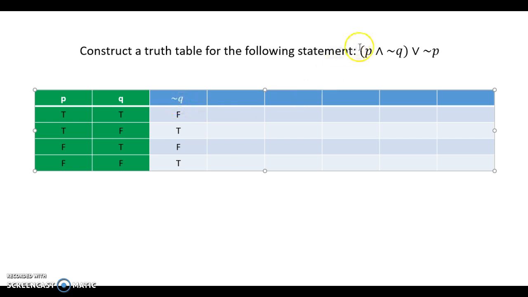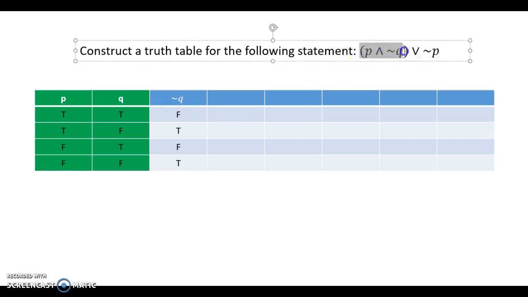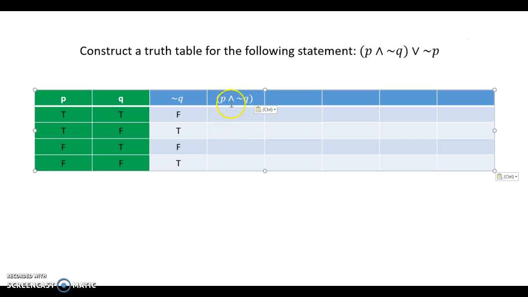Now that I have that not Q column, I can tackle this entire parenthesis because I'm looking at the 2 sides of this and. This is a conjunction, but it's basically functioning like an and.